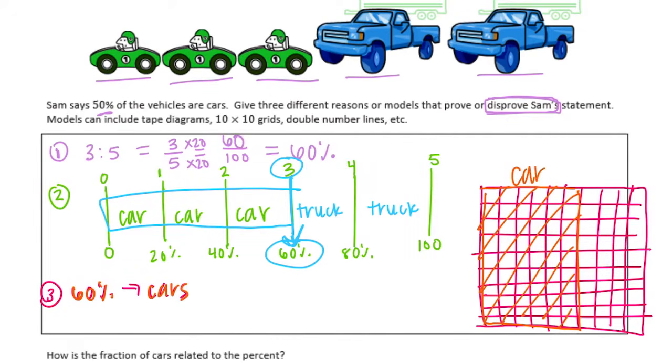So there's the cars. And then the rest are trucks. So 40% are trucks. So there's another way to show the relationship 3 cars to 2 trucks.